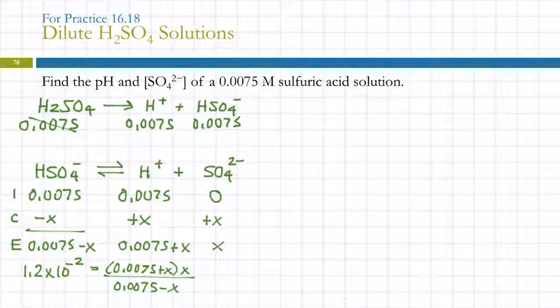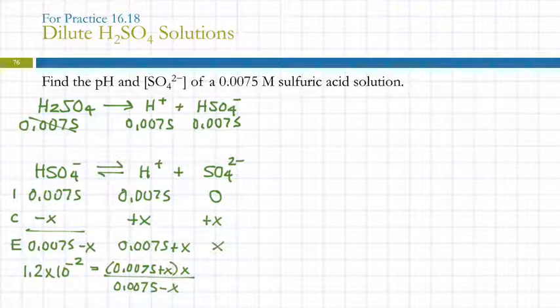So you can do it the hard way or you can use the solver. I'm using the solver. So I put 1.2 times 10 to the minus 2 on one side. And then I've got (0.0075 plus x) times x, divided by the quantity 0.0075 minus x, and I'm going to solve.